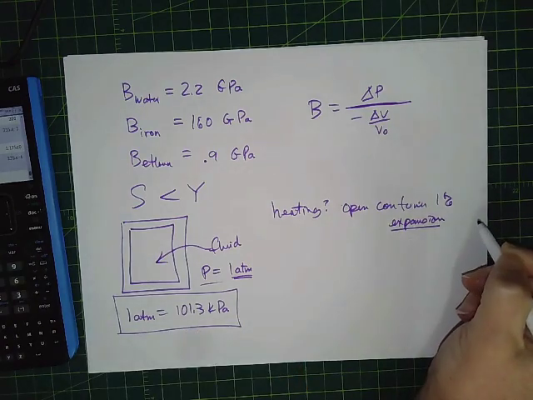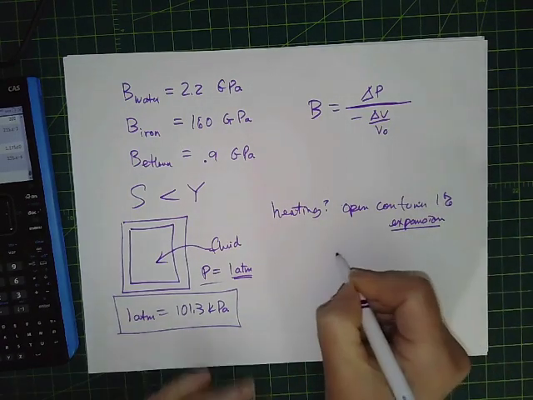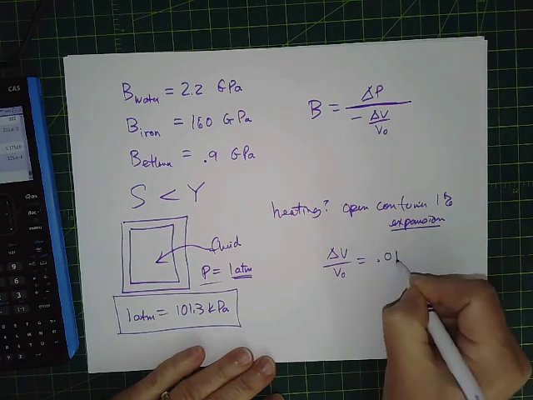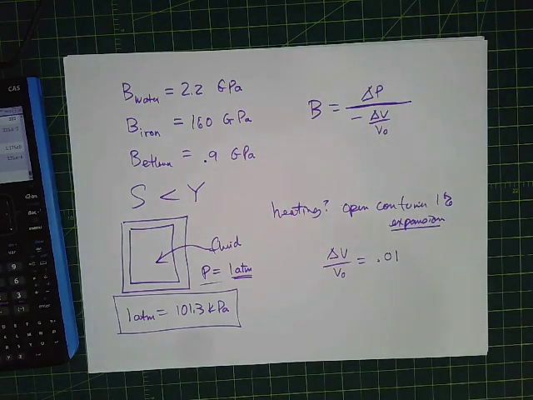So that's saying that delta V over V naught is 0.01. It would try to expand that much, if it could. But it can't, because it is stuck inside of this container.